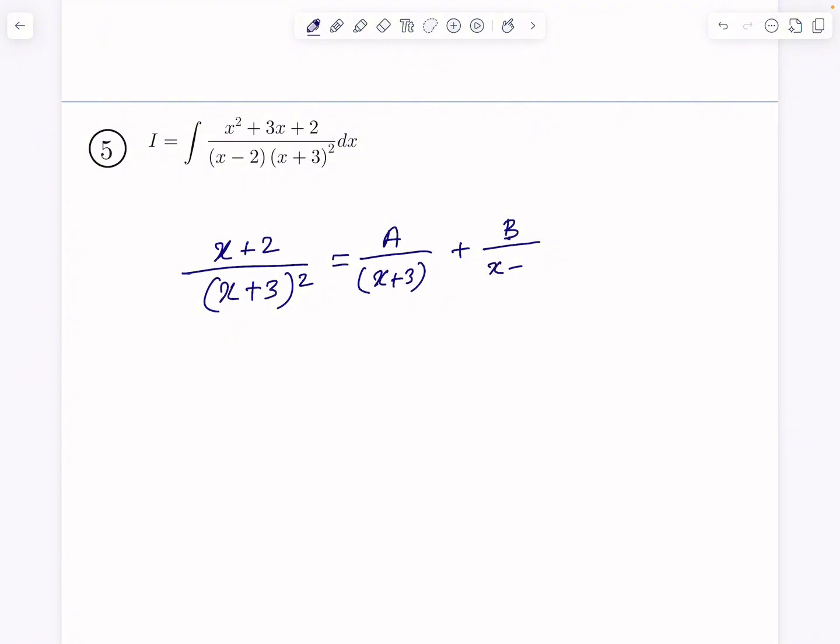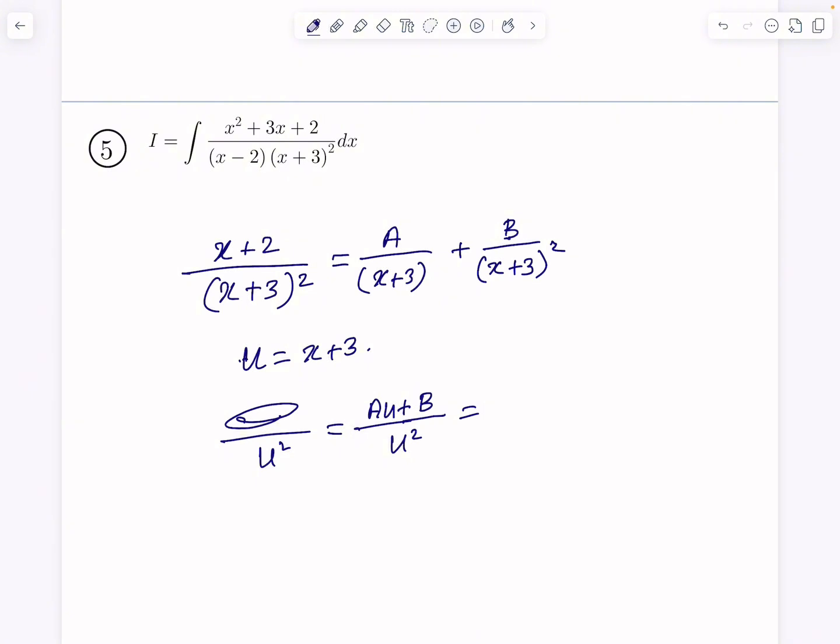So in this case, we're going to be getting something like this: a divided by x plus 3 plus b divided by x plus 3 whole squared. So this would be the answer. Why? Suppose u equals x plus 3, therefore we're going to have u squared with some function here.